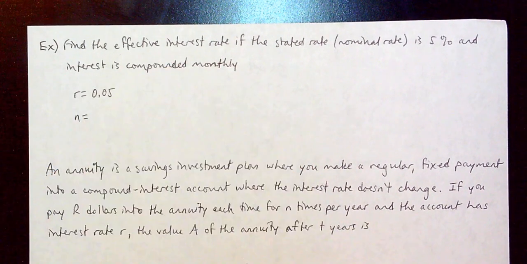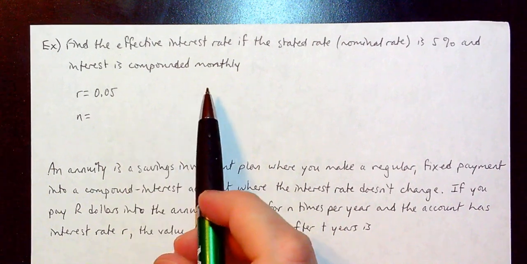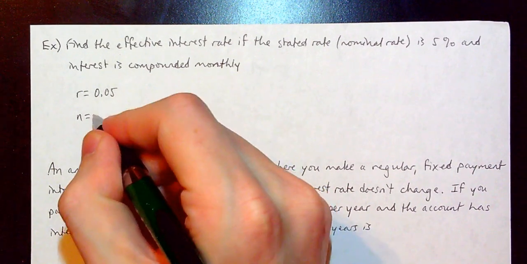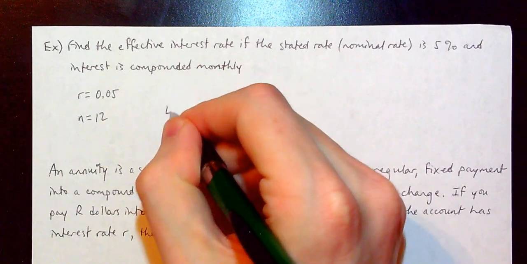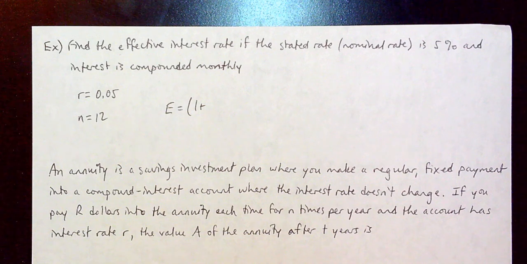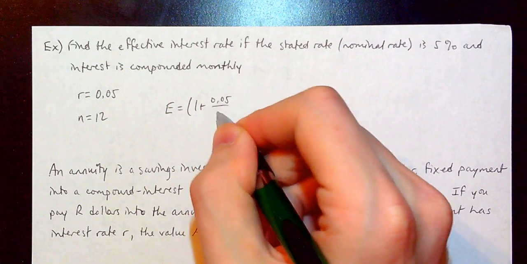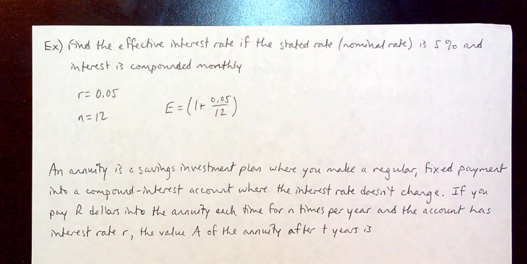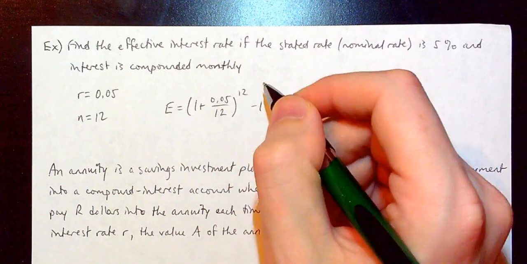N, the number of times we're compounding per year: interest is compounded monthly, so 12 months in a year, N is going to equal 12. So the effective interest rate is 1 plus my R value over N, 0.05 over 12, raised to the 12th, minus 1.